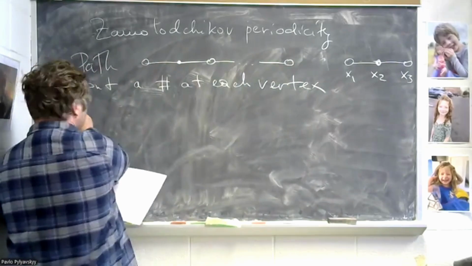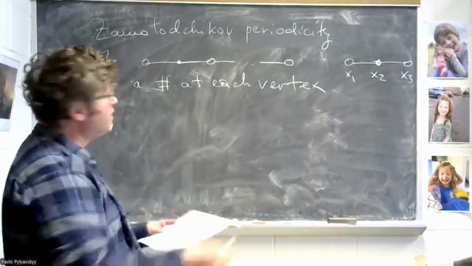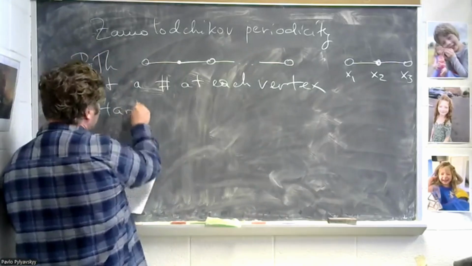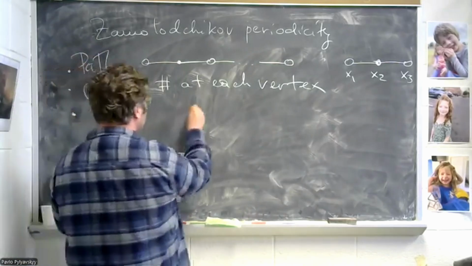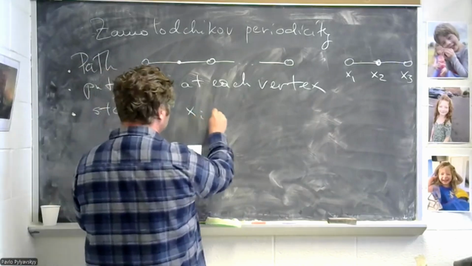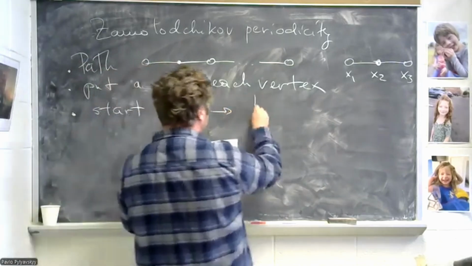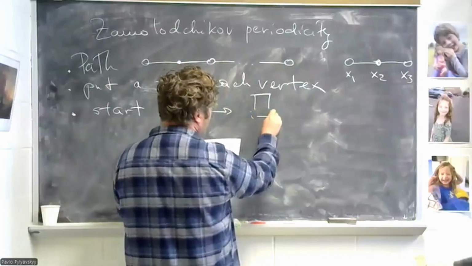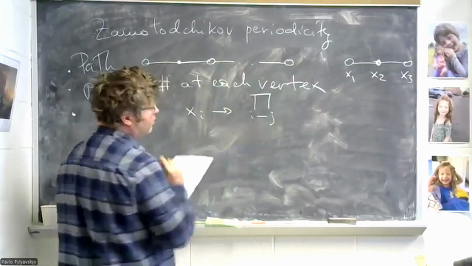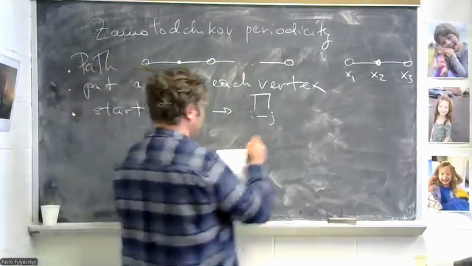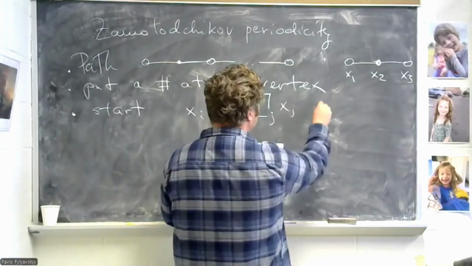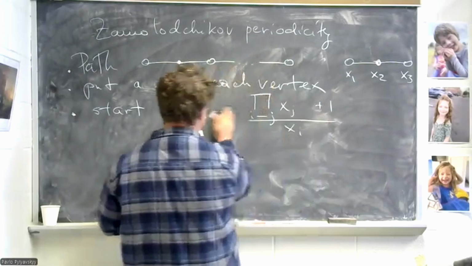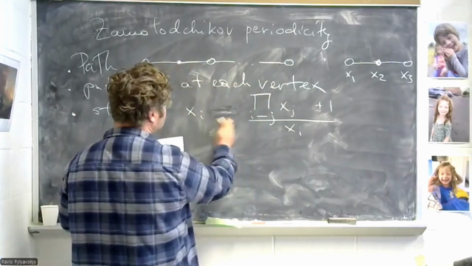And now I start transforming those numbers. The rule is like this. Start changing xi into the product over all neighbors j of i, so the product over all things connected to i in our graph, of xj plus 1, and all of this divided by xi.